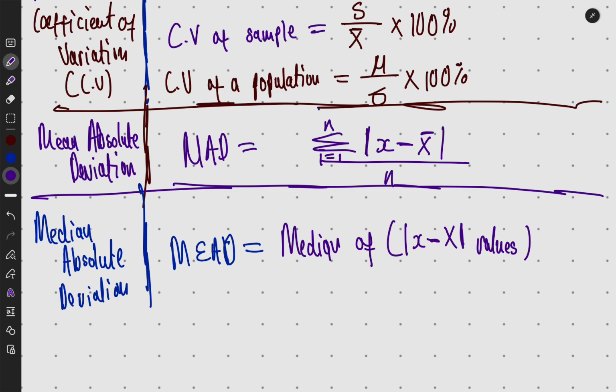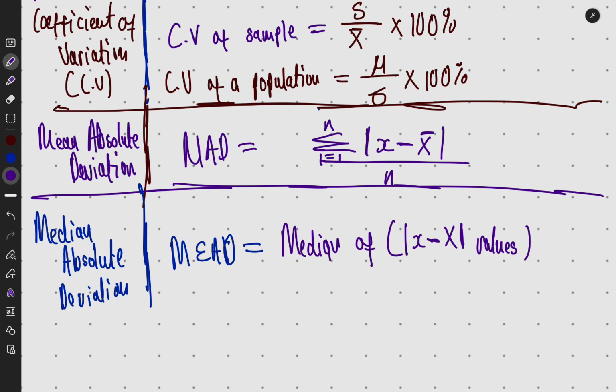Then you record all your solutions, put them in order of size, and get the median of those values. So for mean absolute deviation, what did we do? We subtracted the mean, then got the mean of those solutions. For median absolute deviation, you subtract the median from all your x values, and then get the median of those answers.